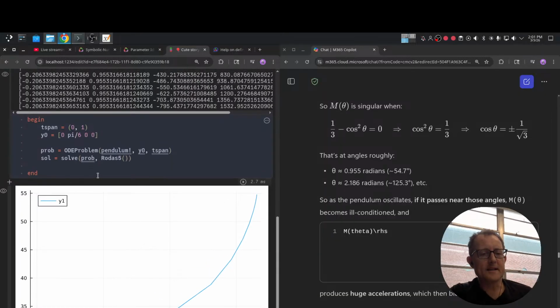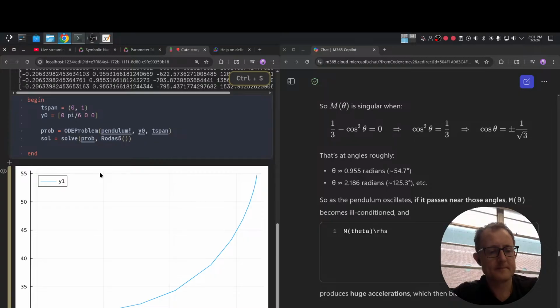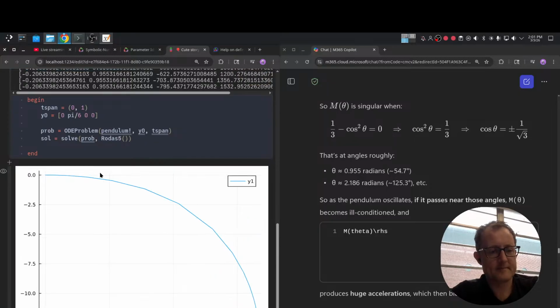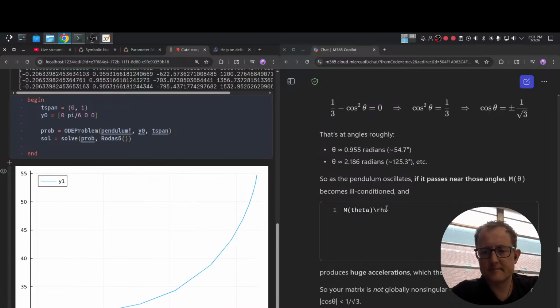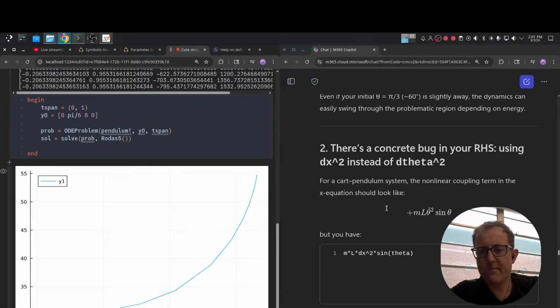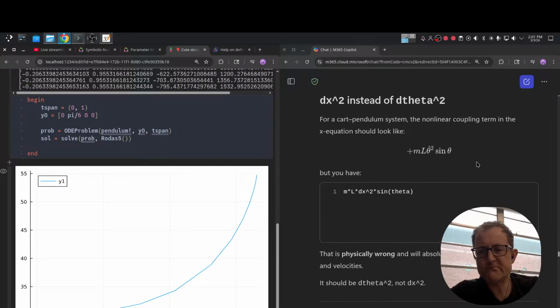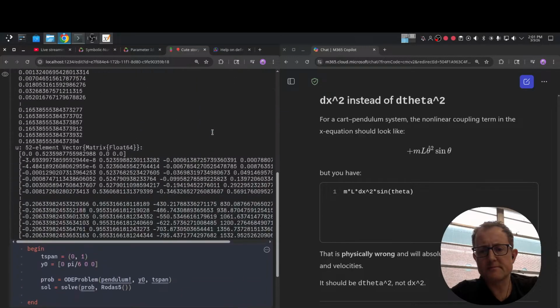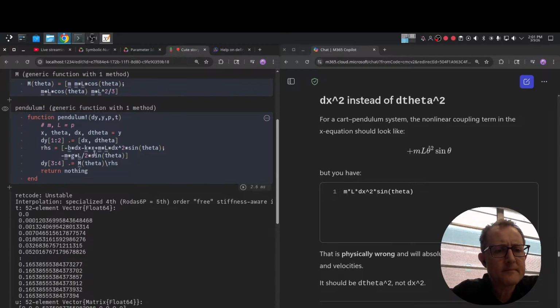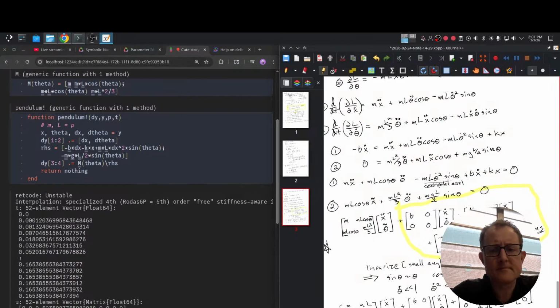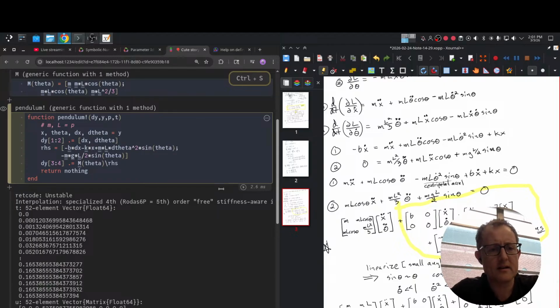Yeah, why is it increasing now? Should this be a d? Oh, this is a d theta squared.